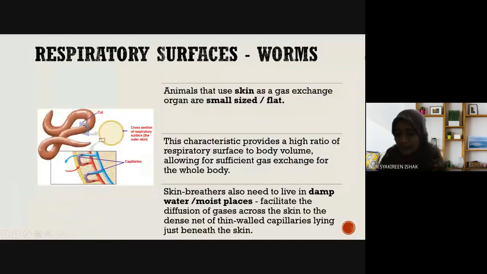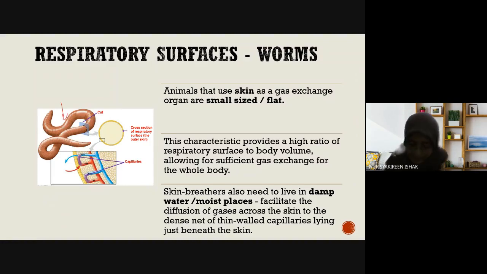So next, you have the worm, earthworm for example. They don't have lungs, so gas exchange occurs using the skin. Animals that use skin for gas exchange are small or flat, in this case for example the earthworm in the diagram.